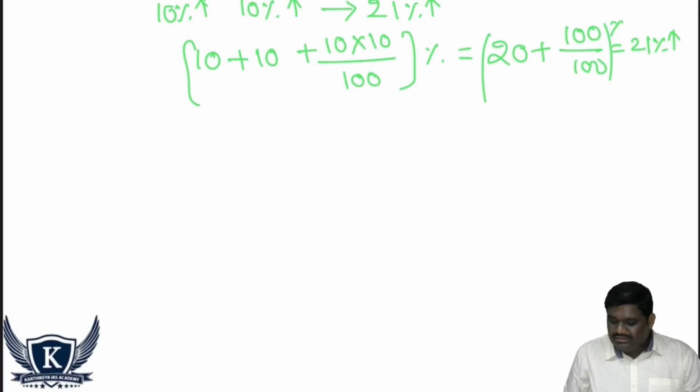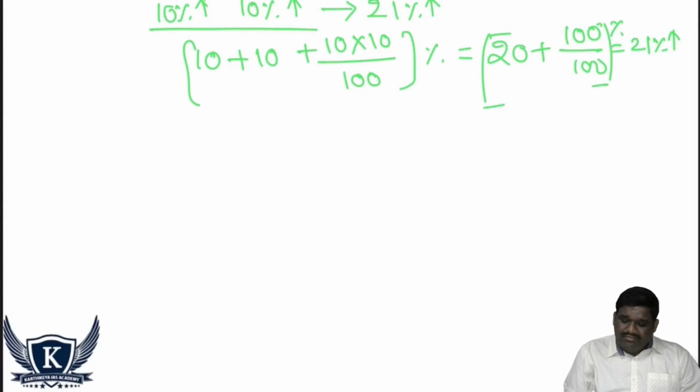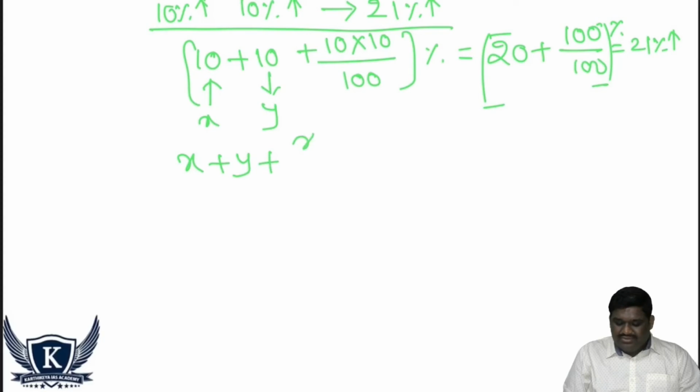This is all about percent. Now, if we give names x and y, our formula has come. So x plus y plus xy by 100 percent is the formula for successive increment.